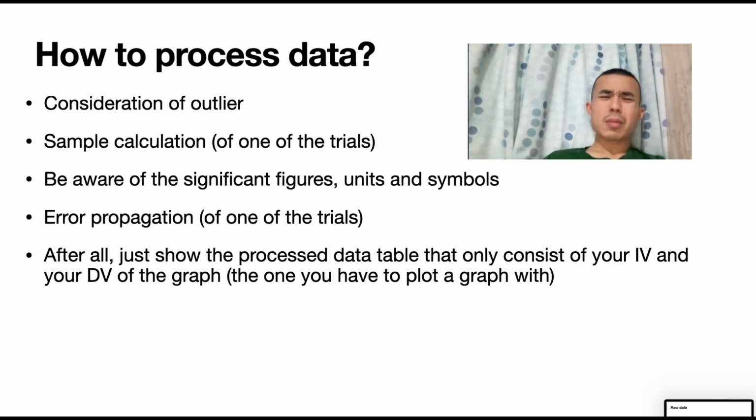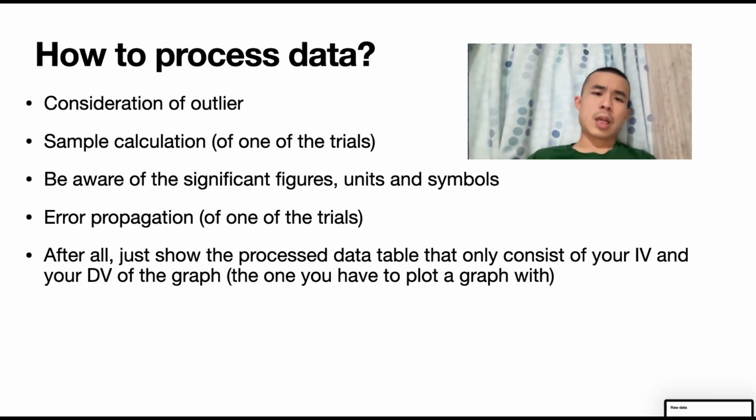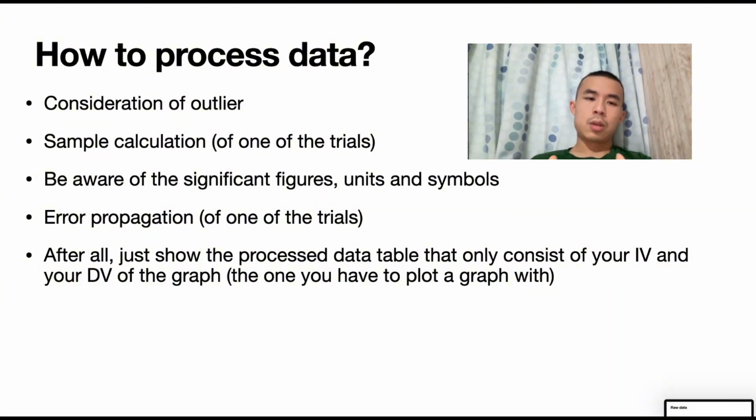Now, except for the sample calculation of the final answer, remember error propagation requires sample calculation as well. For example, you convert from the time required to collect gas to the natural log of rate constant.